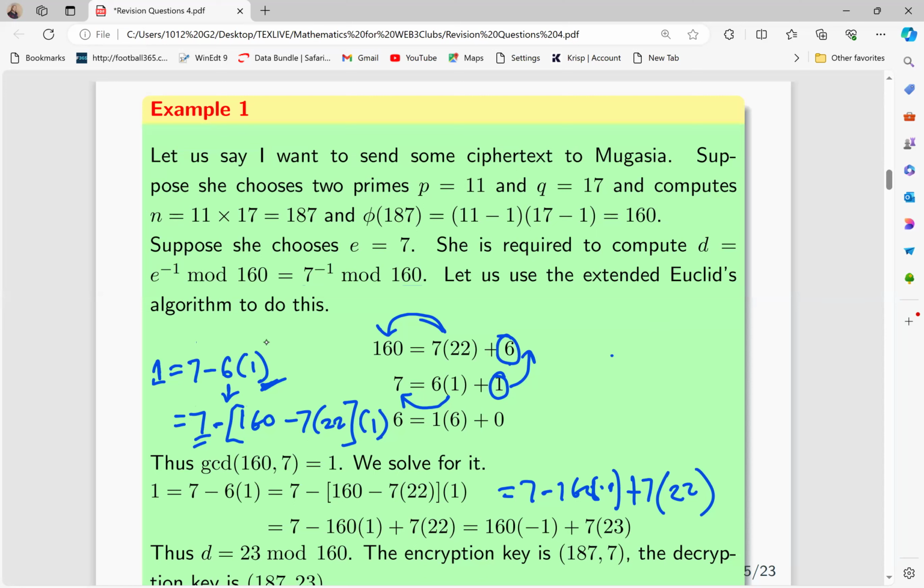Collect like terms. This 7 is multiplied by 1 here, and this 7 is multiplied by 22. So when you factor 7 out, you would have 22 plus 1, which means 7 multiplied by 23. So what you come up with is 160 multiplied by negative 1 plus 7 multiplied by 23.